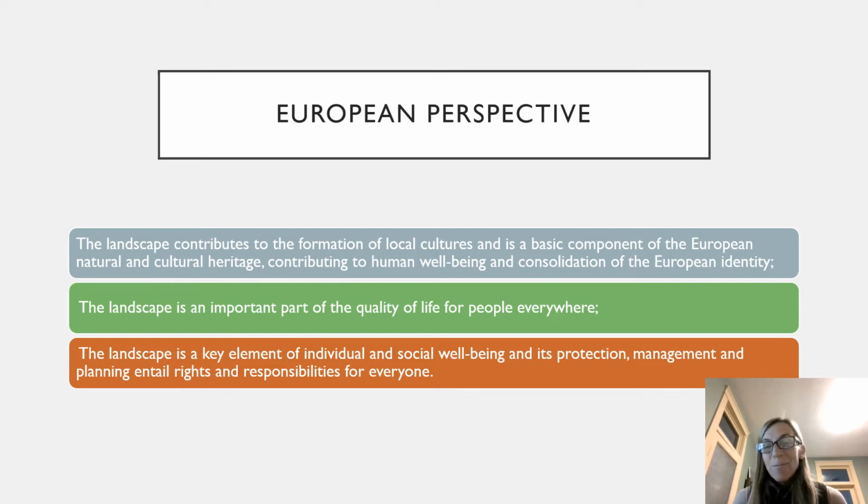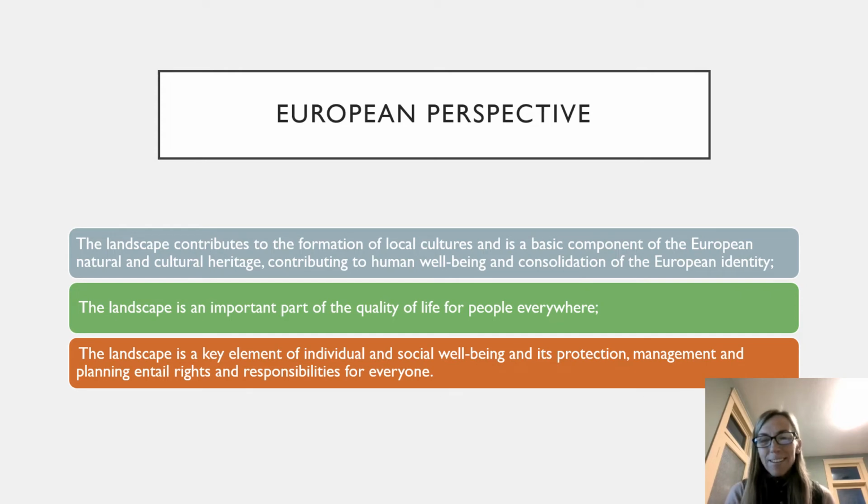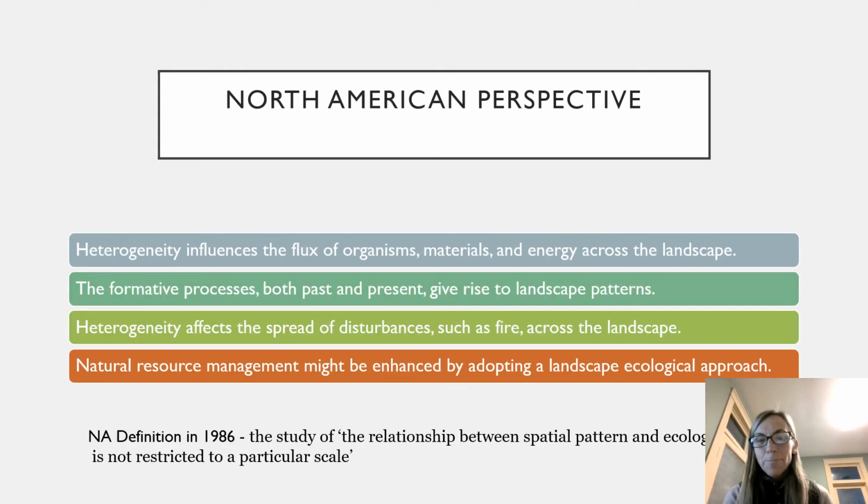So in my view, implicit in the European view is less of an intrinsic value of natural systems and more how natural systems contribute to human well-being. So a little bit of a natural resources as a human commodity perspective.